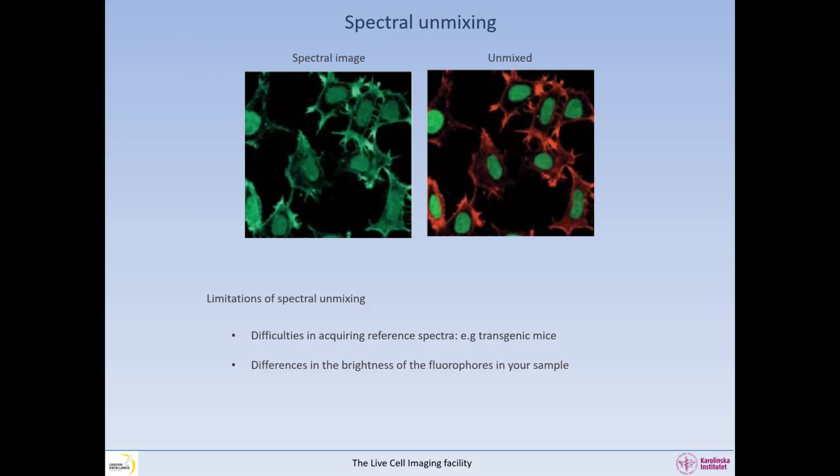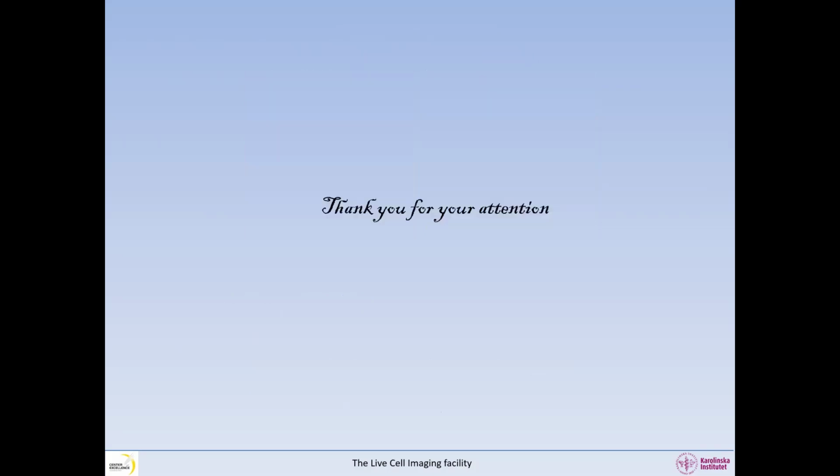And in my workshop, I think that I give a very good example of what can happen. If you really have fluorophores with spectra that are virtually superimposed or only a few nanometers apart, it would be very hard to perform unmixing.